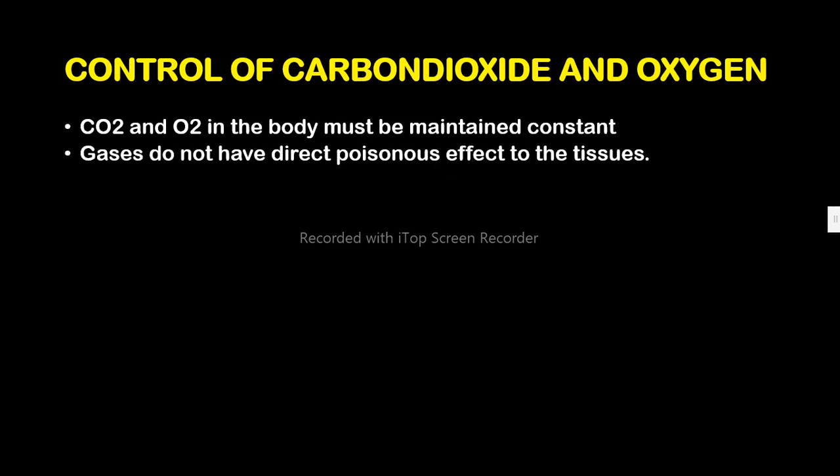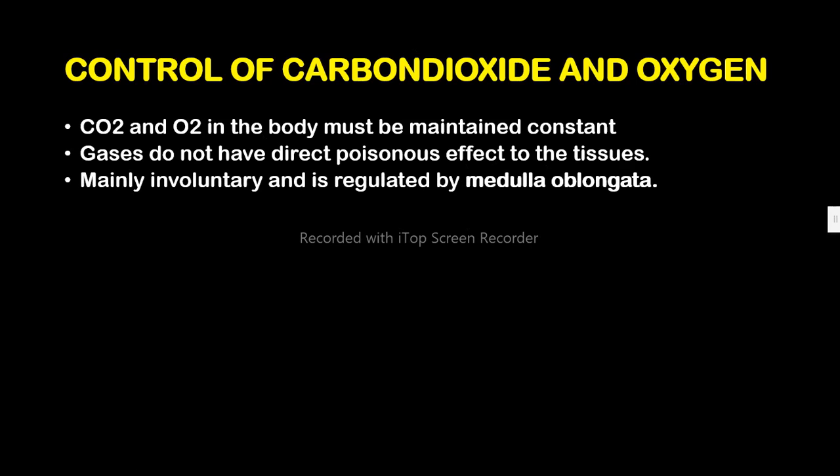It's not that they are respiratory gases that should just be in excess. No, they should be maintained. Otherwise, the effects will be manifested. They do not have a direct poisonous effect on the tissues, but the effect may be indirect, but it's there.